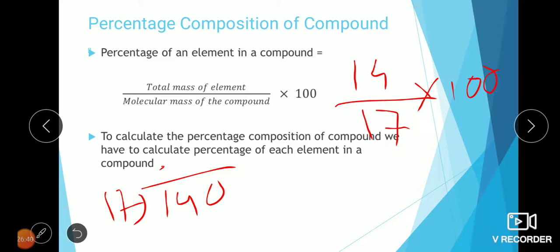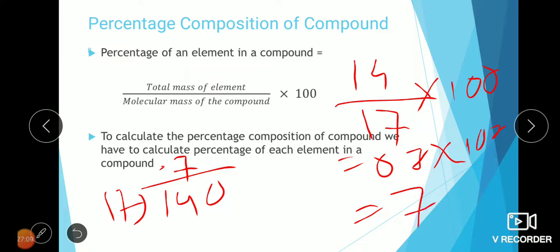So it goes 7. 0.7 is your answer. 0.7 into 100, that is 70% approximately is your nitrogen.